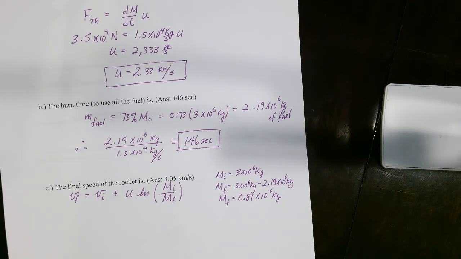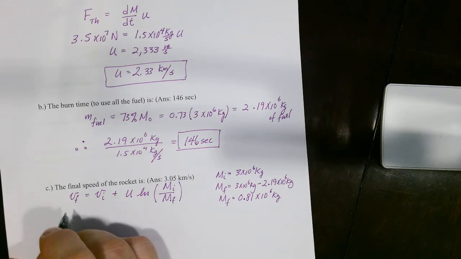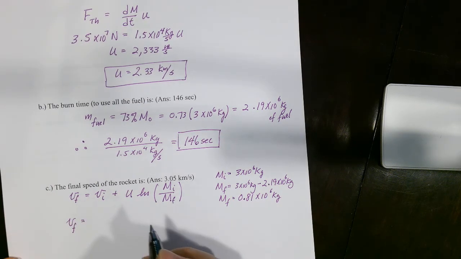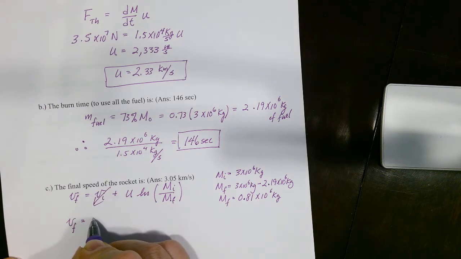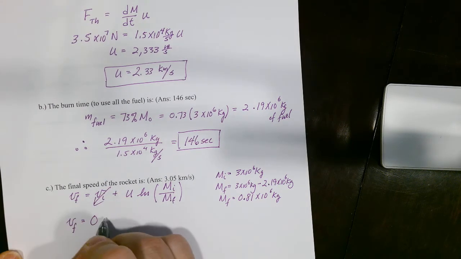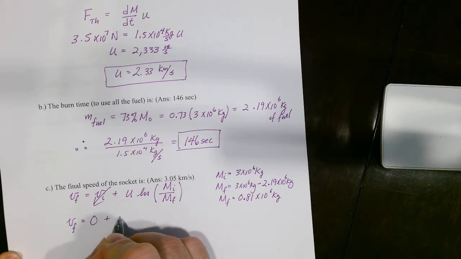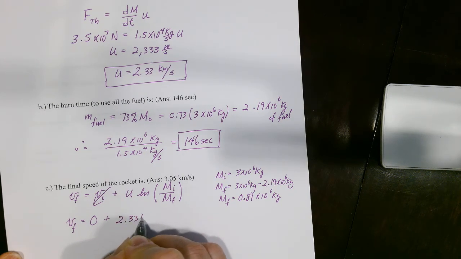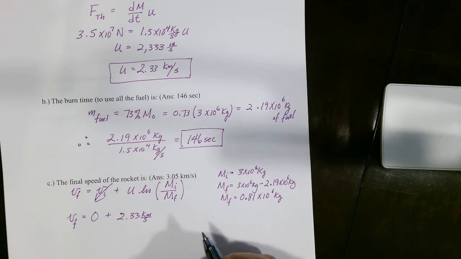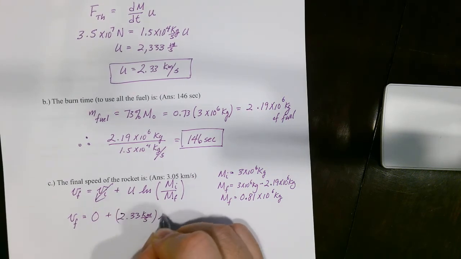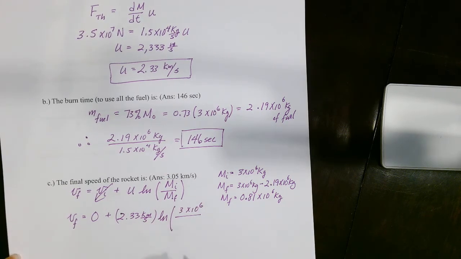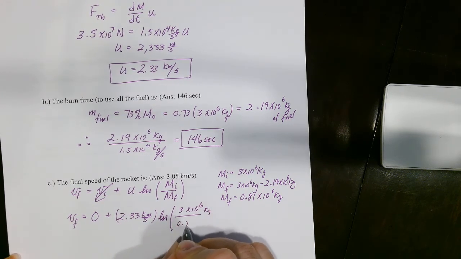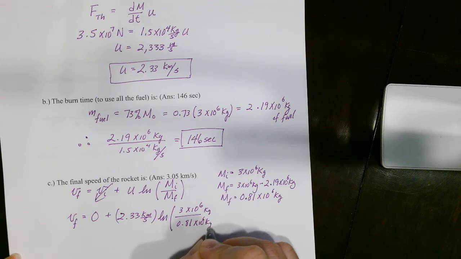All right? So if you plug and chug, my VF is equal to the initial velocity, which is 0 because hopefully the rocket is at rest when the astronauts are getting in, plus u, which we calculated to be 2.33 kilometers per second, times ln of 3 times 10 to the 6 kilograms over 0.81 times 10 to the 6 kilograms.